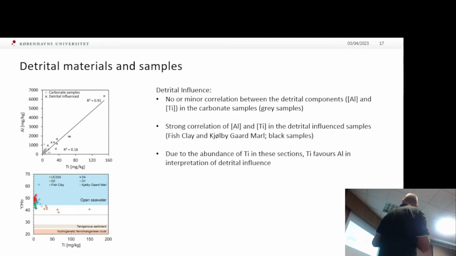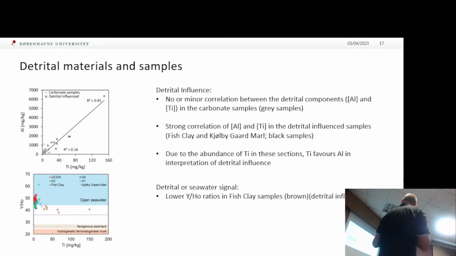Due to the abundance of titanium in these sections, we have favored titanium instead of aluminium, because aluminium was simply too high. So for some of the samples we had to correct, we got negative chromium values, so negative chromium concentrations, and you cannot have a negative chromium concentration.